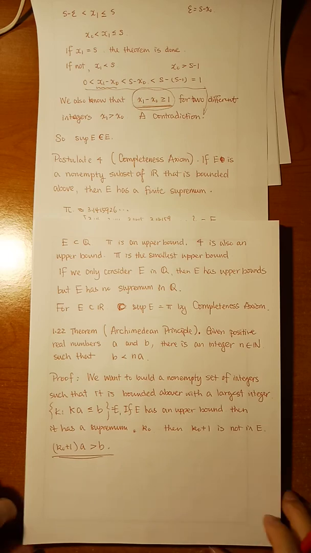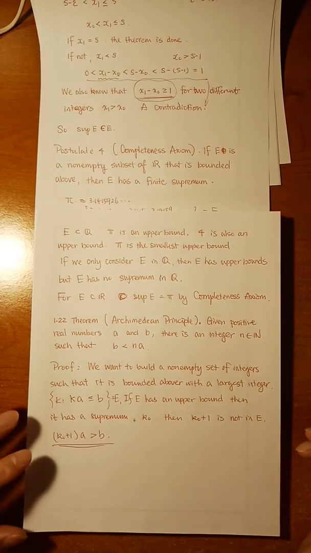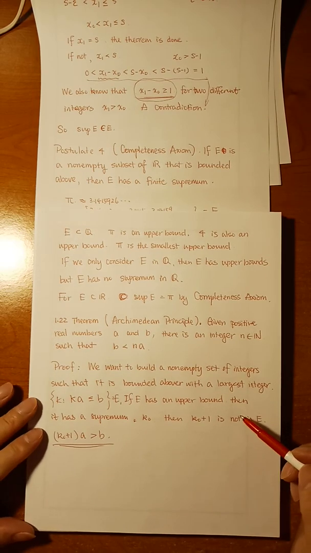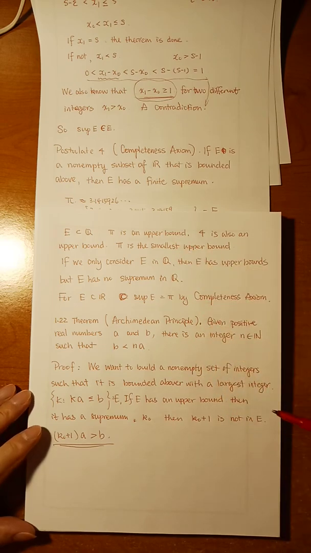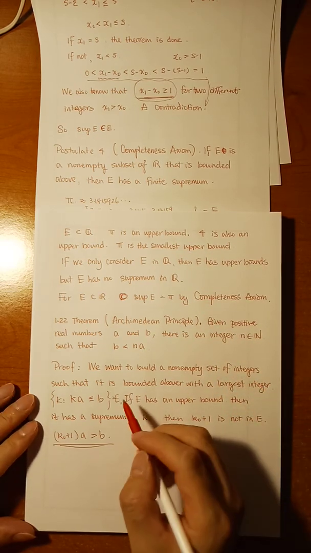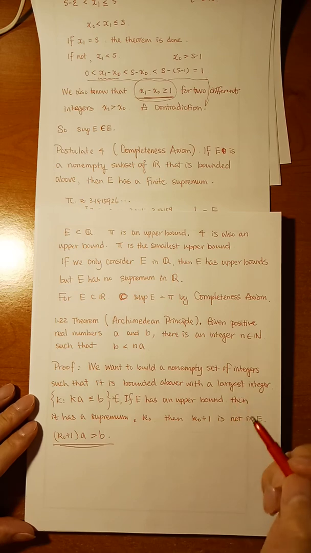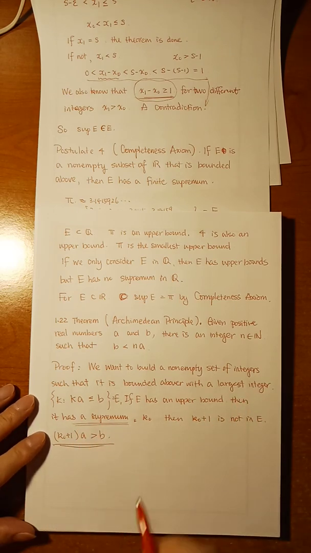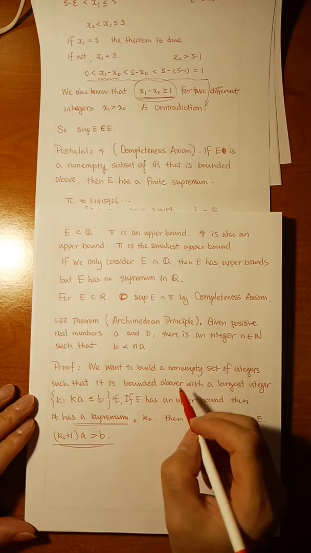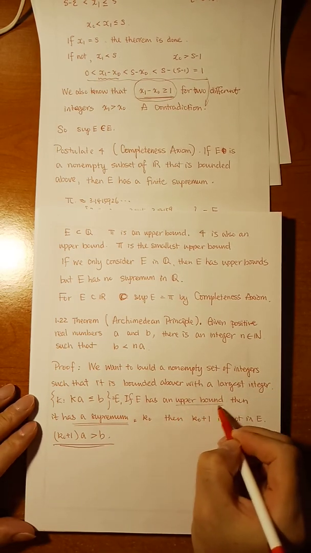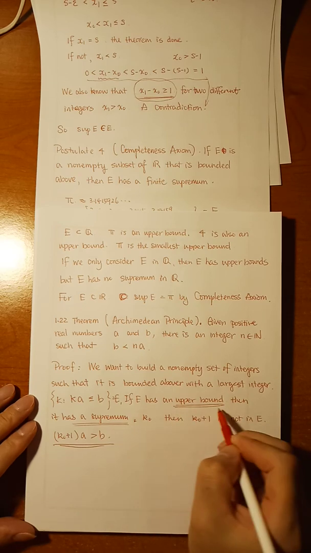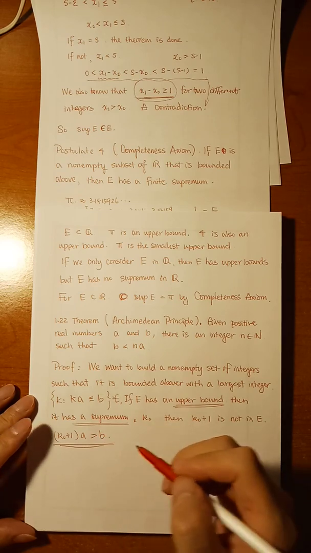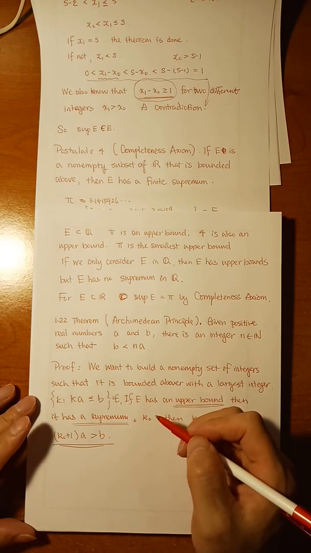So in the process, where do we use the completeness axiom? The usage of the completeness axiom is the existence of the supremum. Here you only assume it has an upper bound. From upper bound to supremum, you need this completeness axiom.